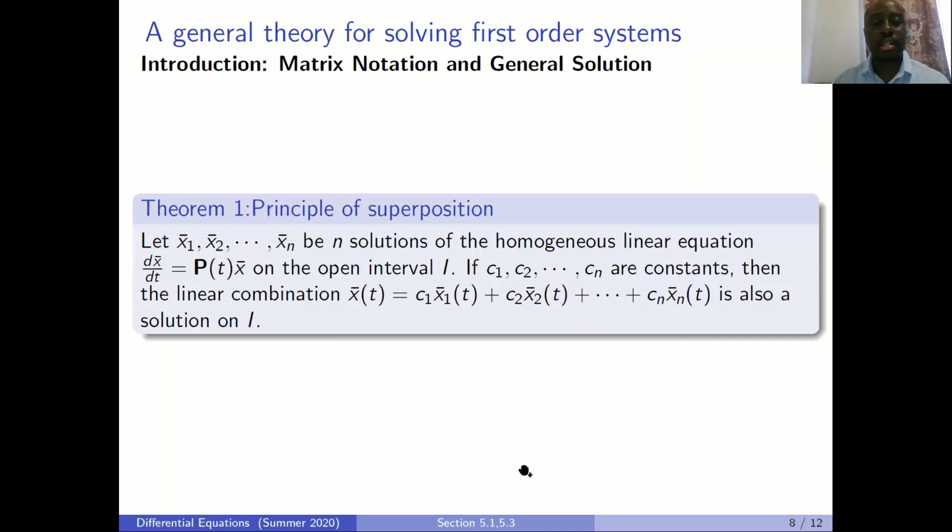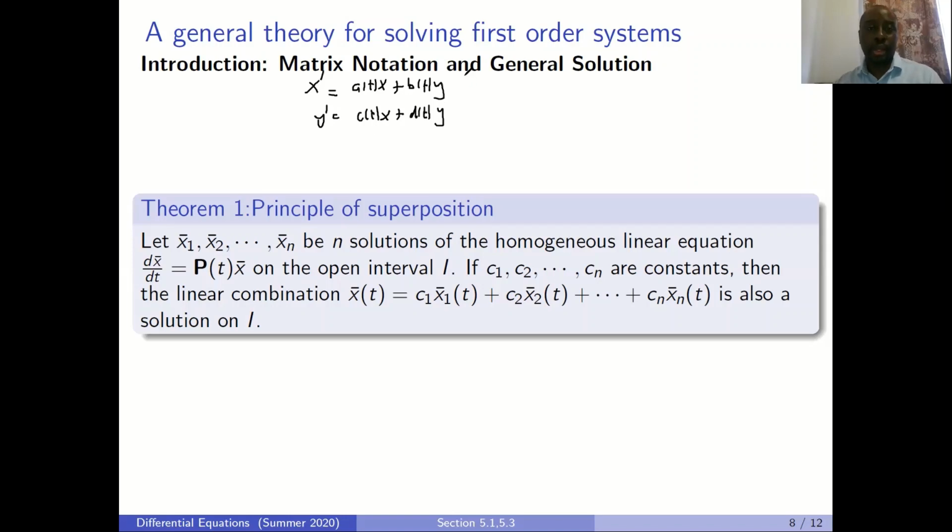So let us assume that we have two linear equations. This only applies to linear equations. So x prime is some a of t x plus some b of t y, and y prime is some c of t x plus d of t y.